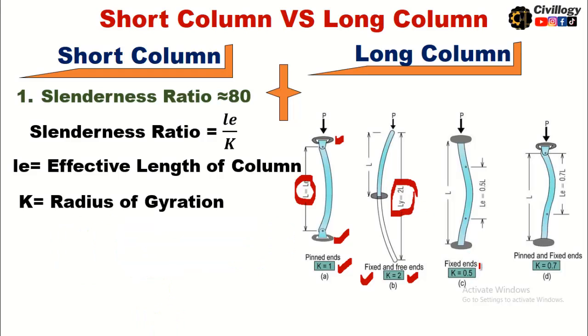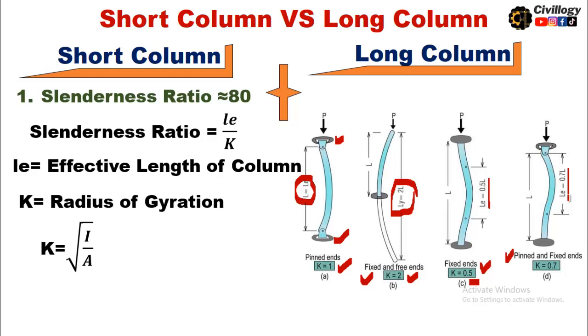Similarly, when both ends are fixed, the value of K is equal to 0.5 and the effective length is equal to half of the actual length. Similarly, when one end is pinned and the other end is fixed, then effective length is equal to 0.7 times the actual length. I hope you have now understood the end conditions.